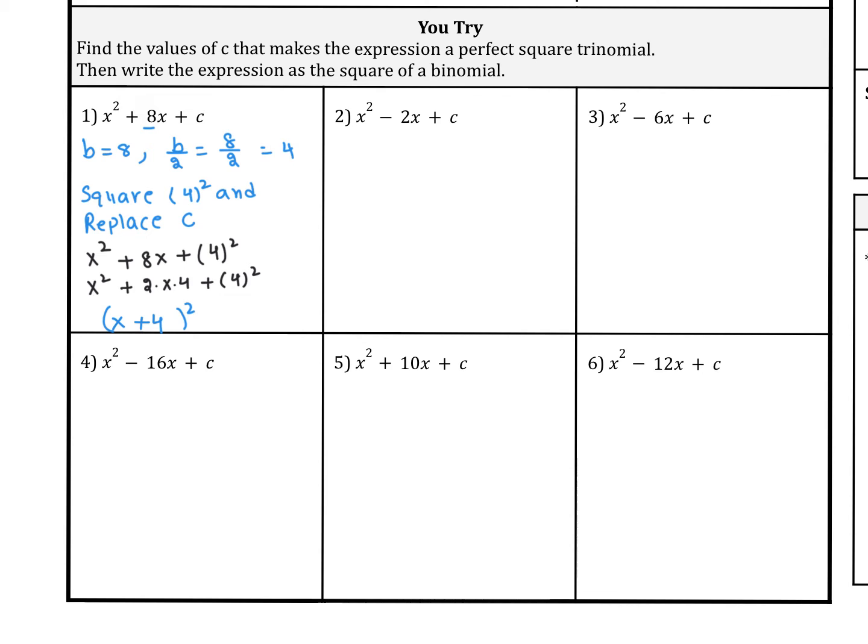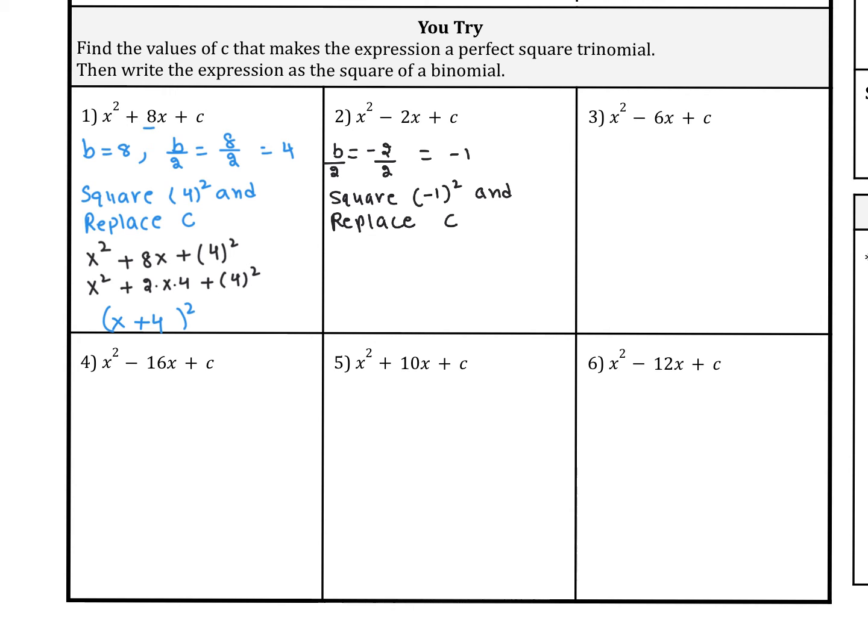In the next one, b is -2, so b over 2 is -2 over 2, and that's -1. Then you square that b over 2, in other words -1, and you replace c with -1 squared.